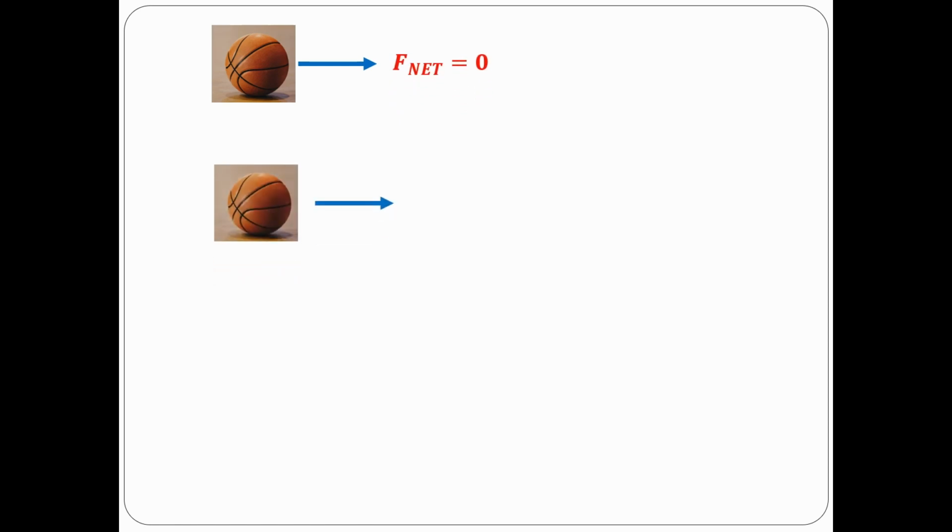Now let's say a ball is moving to the right with an initial speed of 30 meters per second. And then 1 second later, the velocity is 35 meters per second. So the ball is accelerating. The question is, is there a net force acting on the ball? The answer is yes.